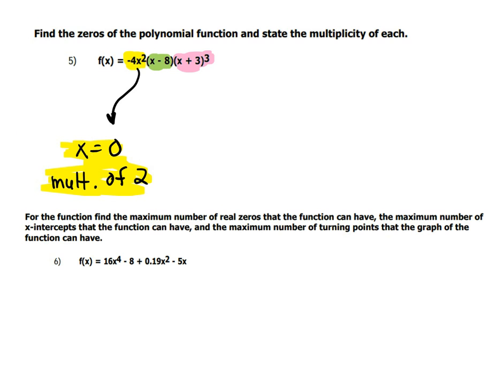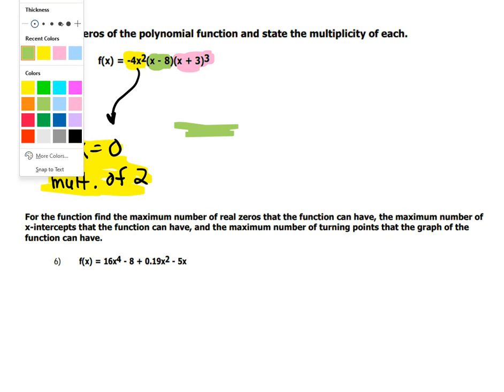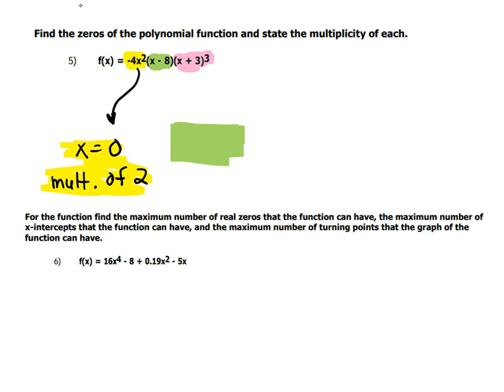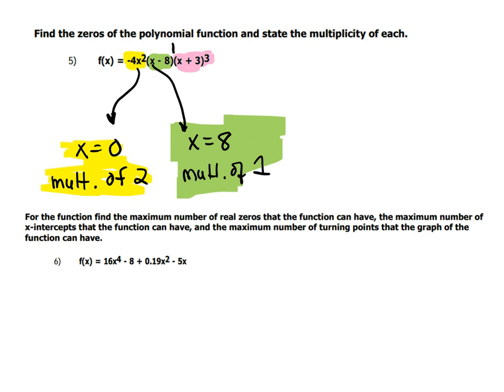The next one is, make this a little bigger. There we go. X minus 8. So here x would have to equal a positive 8, and there's really an invisible exponent of 1 right there. So this is multiplicity of 1 for that one.